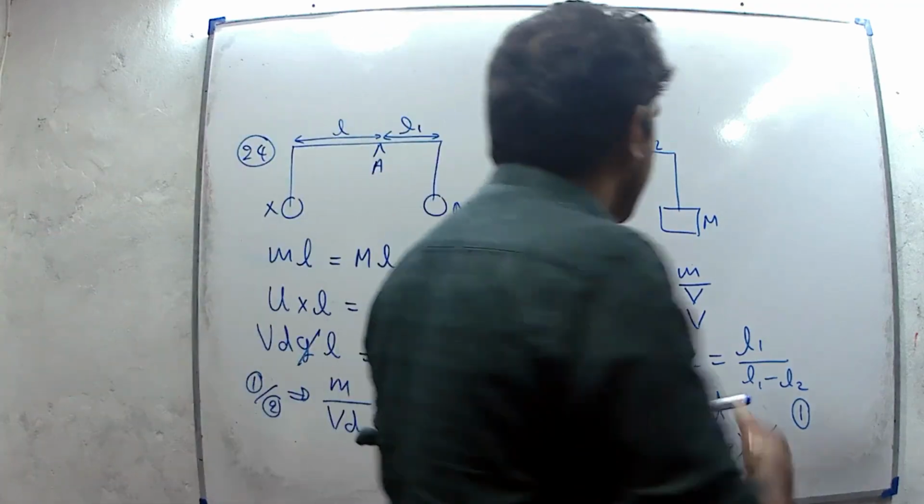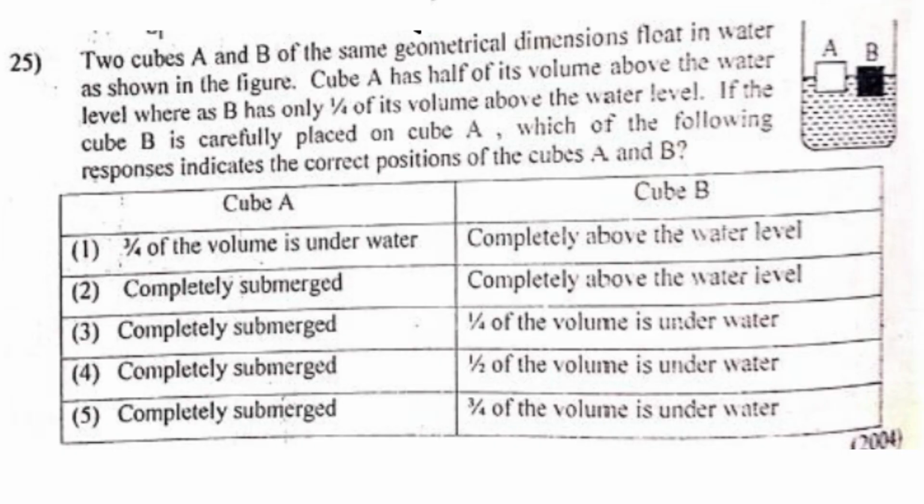Then question number 25. Two cubes A and B of the same geometrical dimensions are floating in water as shown in the figure. Cube A has half of its volume above the water level, whereas B has only 1/4 of its volume above the water level. If cube B is carefully placed on cube A, which of the following responses indicates the correct position of cubes A and B?